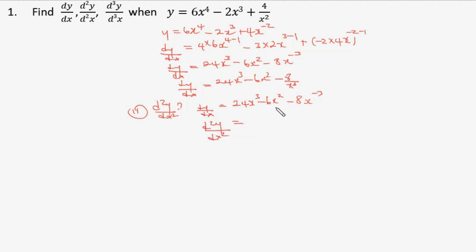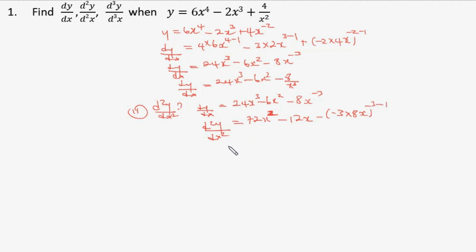This is equal to 3 times 24 is 72, 72x cubed, x squared, subtract the power by 1, multiplied by 3, and then 2 times 6 is 12. This becomes 6x squared, and differentiating this becomes 12x. Then differentiating minus 8x to the power minus 3, we multiply by minus 3 times 8, and subtract from the power minus 1 again.